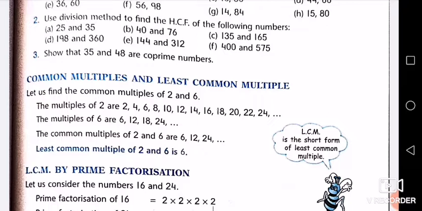Multiples we have understood already. Now we will understand common multiples and least common multiples. The short form of least common multiple is, yes, LCM. So this question number 3 and LCM we will do tomorrow.